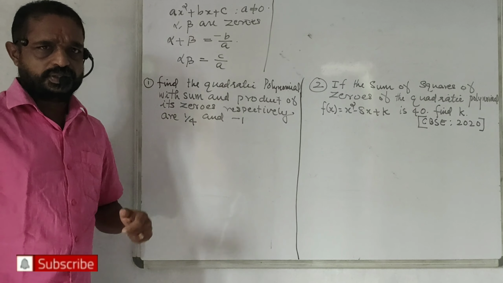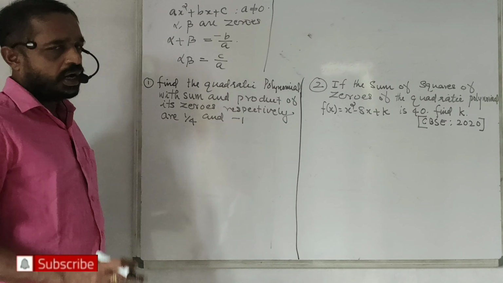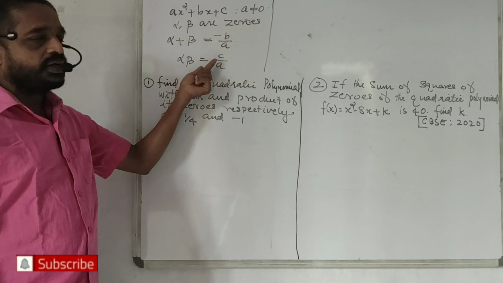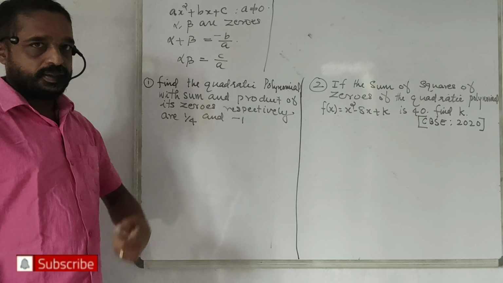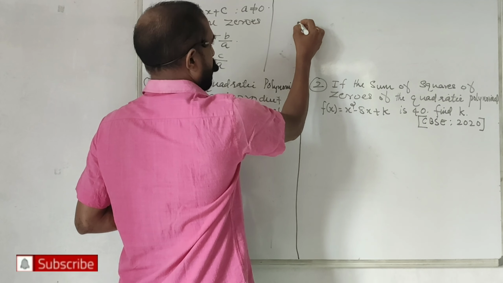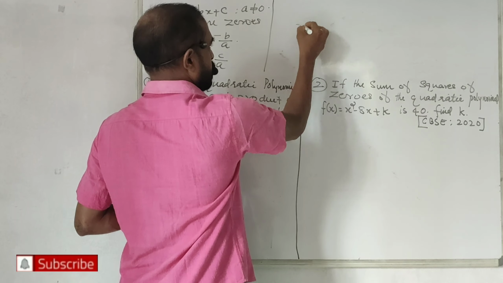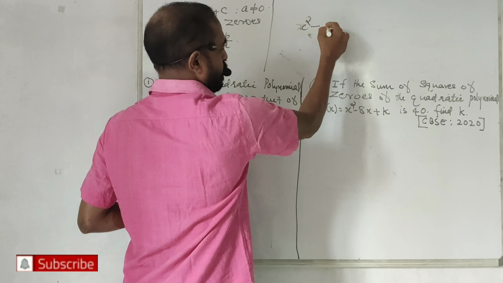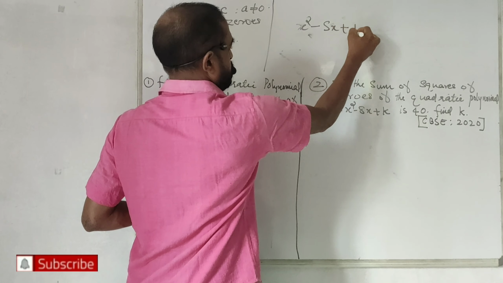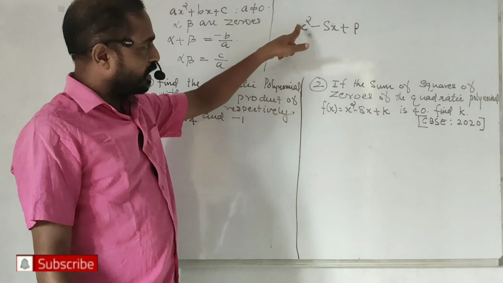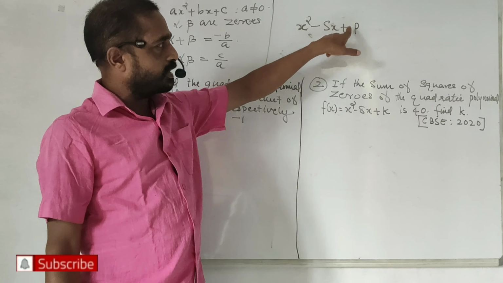Also in our last lecture we have seen how to form a quadratic polynomial once we are given the zeros of the polynomial. For that we have the expression x square minus sx plus p.